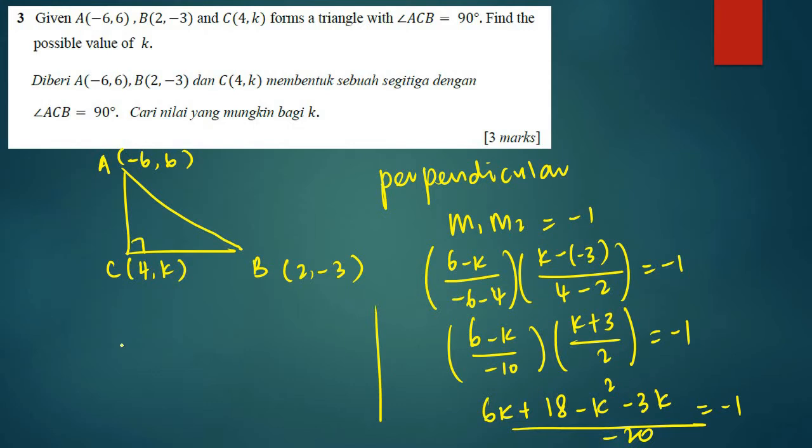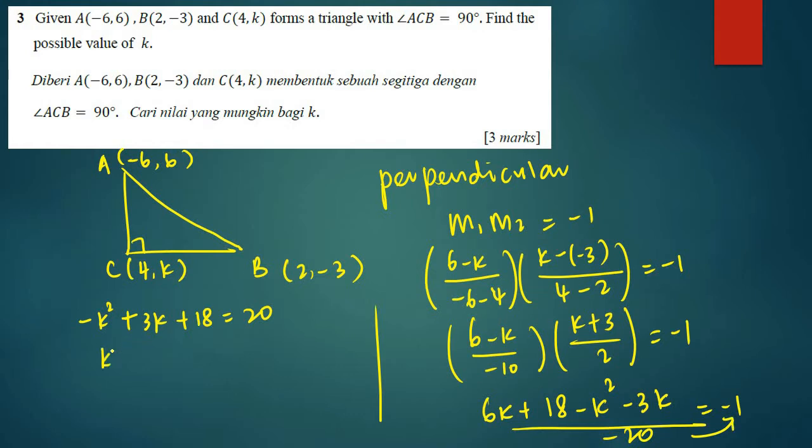Okay, we continue here. So simplify the equation. We get negative K power 2 plus 3K plus 18 equals 20. Okay, bring this one over.